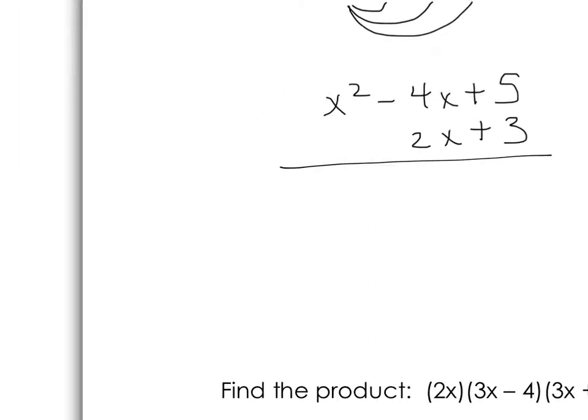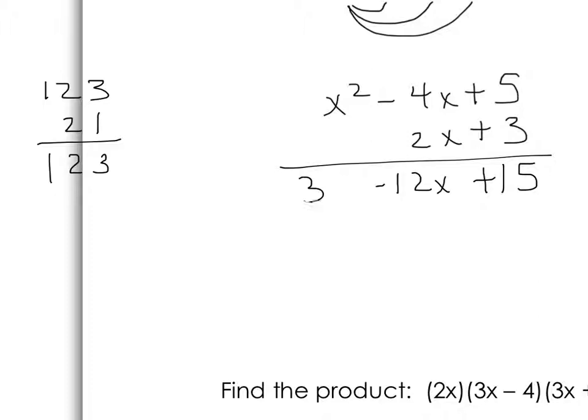Now if you had a number, for instance 123 times 21, you would start with a 1 and you would say 1 times 3 is 3, 1 times 2 is 2, 1 times 1 is 1. You do the same thing here. You start with a 3, you multiply it times 5, you get 15. 3 times negative 4x is negative 12x. And then 3 times x squared.